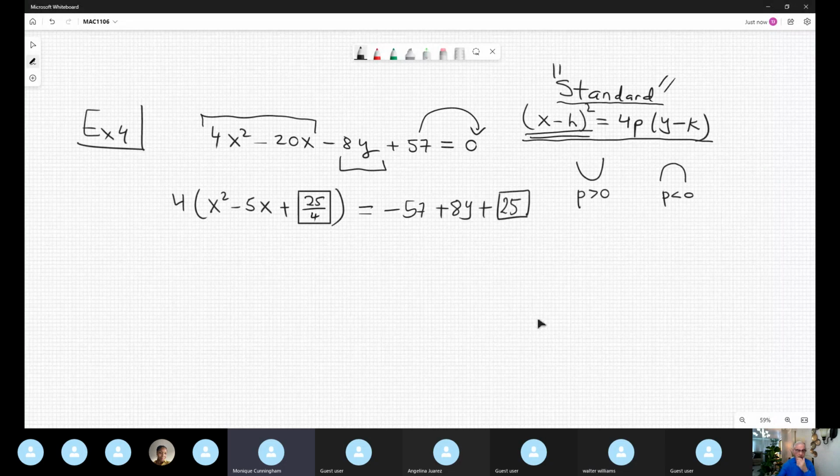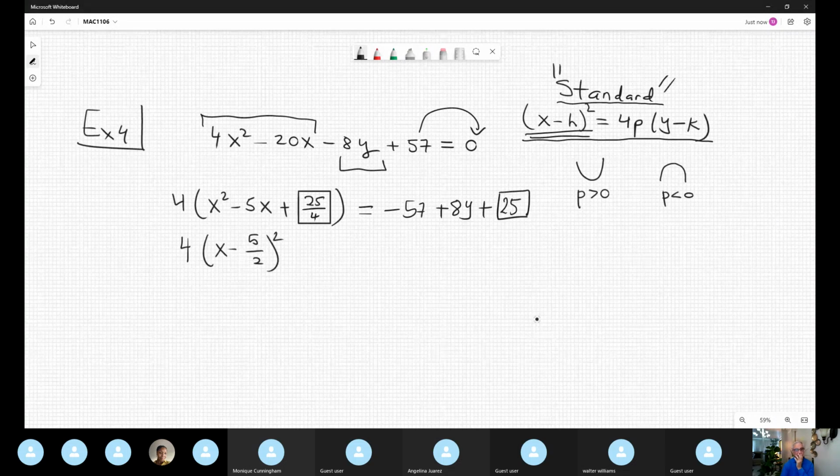Okay, cool. Now, this is the beautiful part. So you bring down 4. I know that this trinomial is a perfect square and the factorization is x minus the square root of that guy, which gives 5 over 2, squared. The square root of 25 over 4 is the square root of 25, which gets 5, and the square root of 4 is 2. 5 over 2 or 2.5, it's the same.